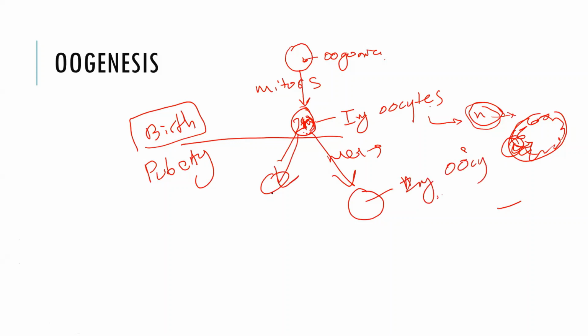And one cell is called a polar body. It has very little cytoplasm and organelles. Only one cell has a significant amount of cytoplasm and organelles. So this is stuck in metaphase.